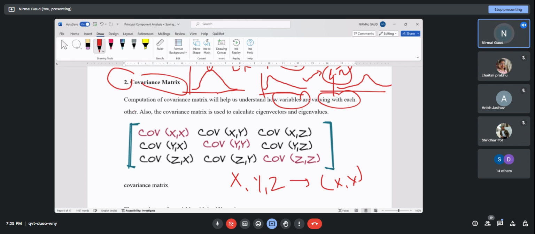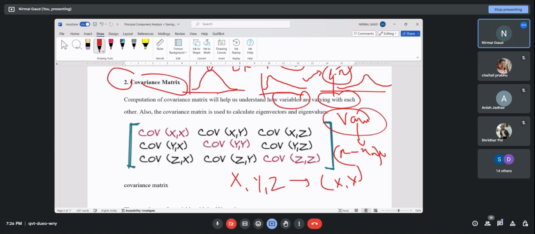And variance, I already told you in the previous class, is actually the distribution of the data. In terms of the formula, the distance of a point from its mean is said to be variance.